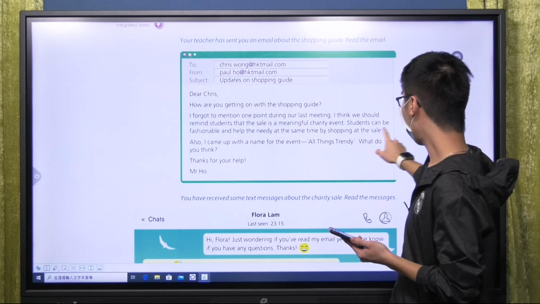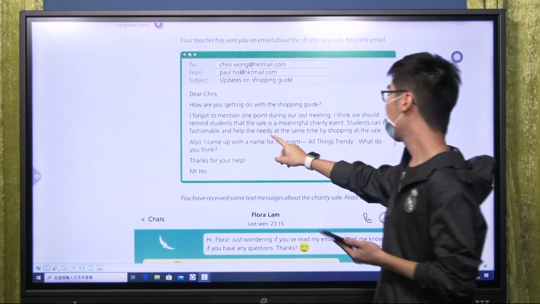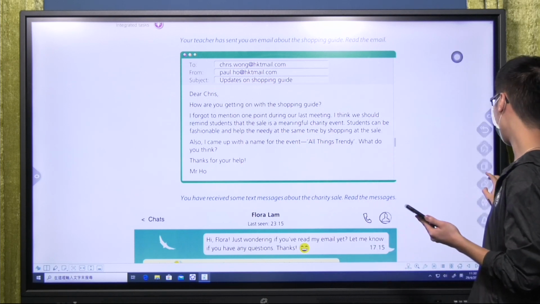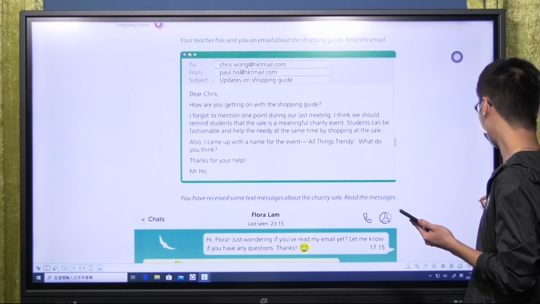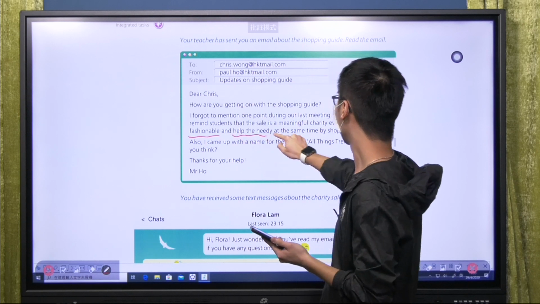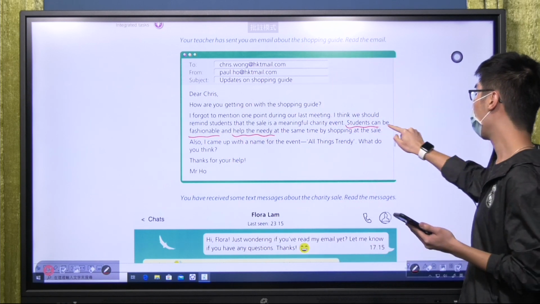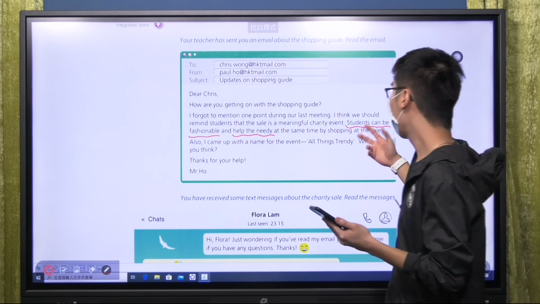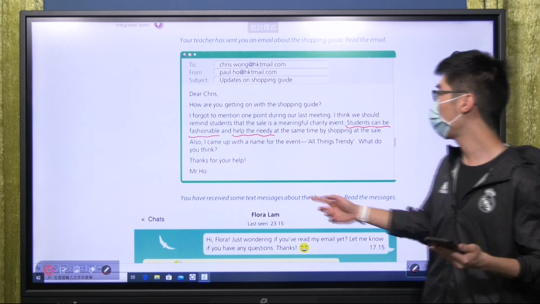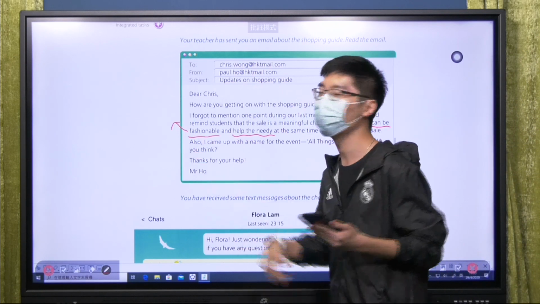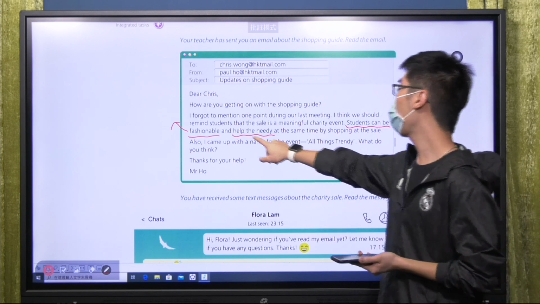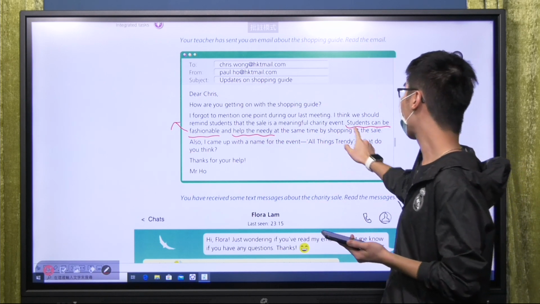Students can be fashionable and help the needy at the same time by shopping at the sales, okay? Students can be fashionable. Okay, so as a fashion club event, so students can be fashionable，即係有潮流啲嘅，好潮啲嘅。And the charity sale is what? To help the needy at the same time by shopping at the sale.